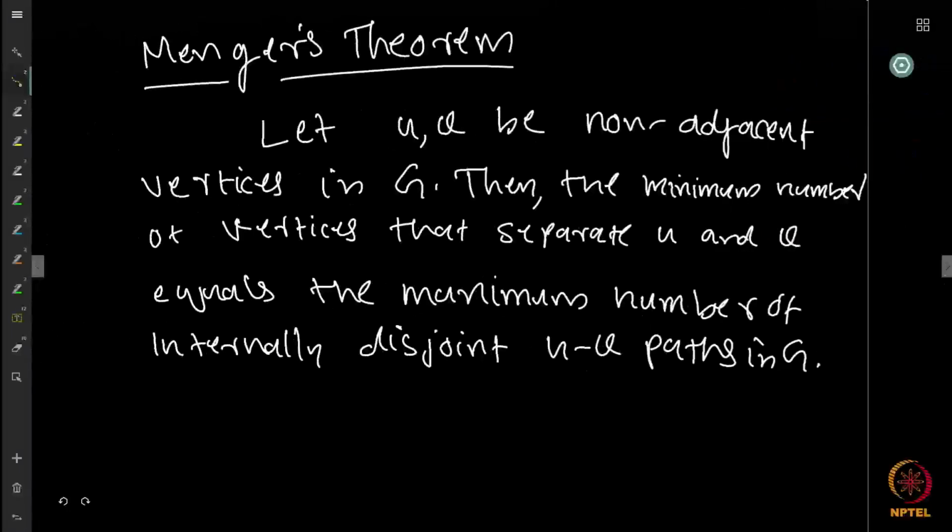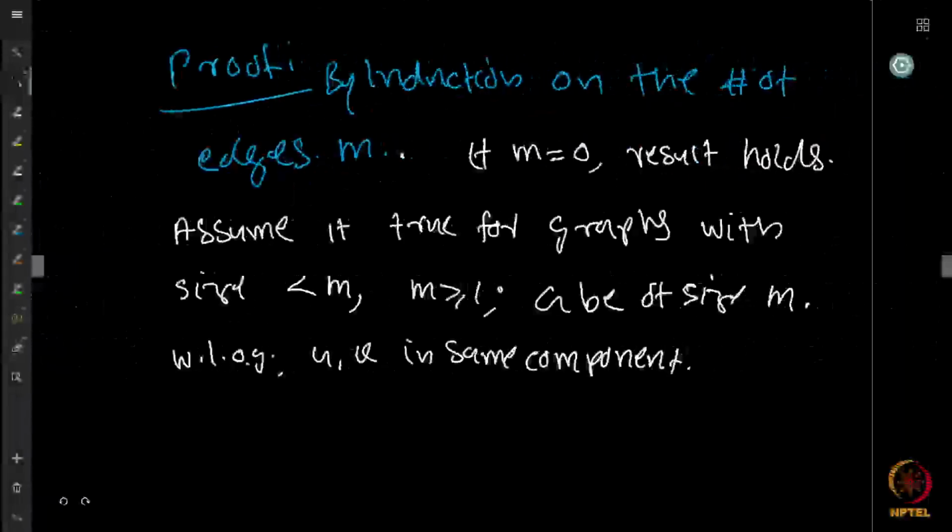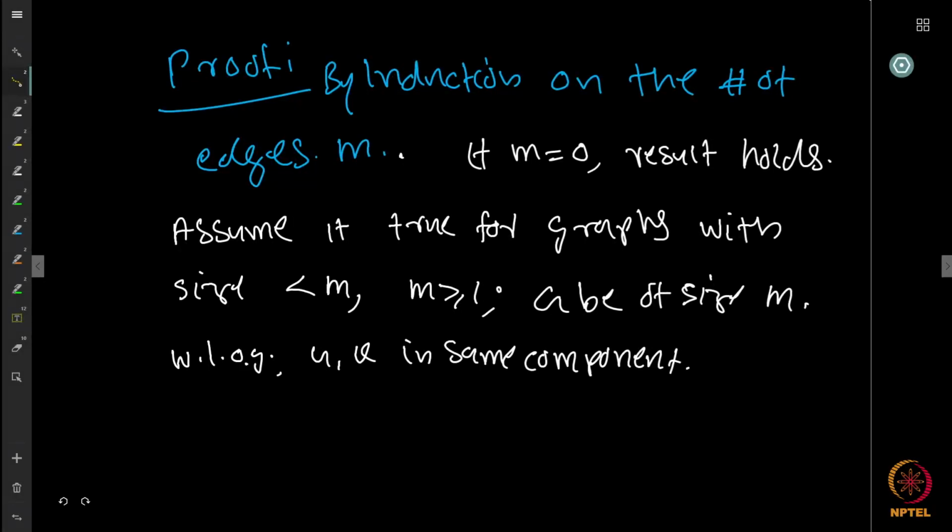And the proof is also very interesting, so you should pay attention to it. There are several proofs. We are going to give a specific proof by induction on the number of edges. So let the graph G contain m edges.